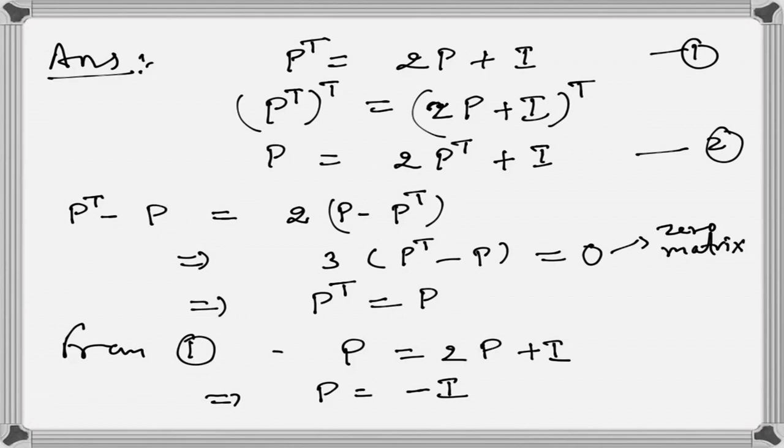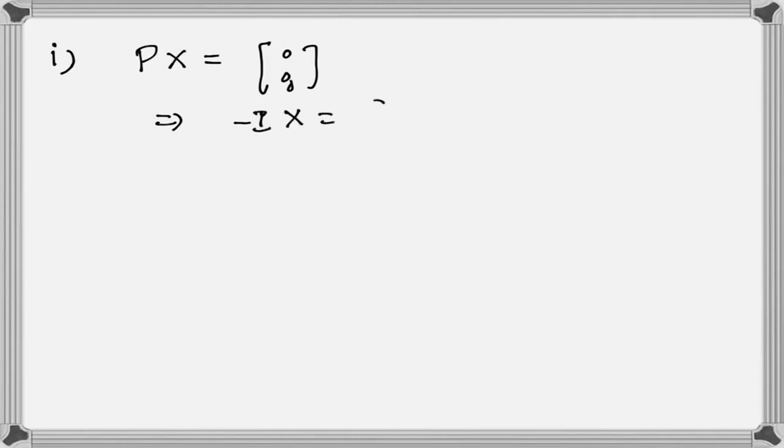Okay, now let's check which options are true. The first one is Px is equals to 0. This implies that P is minus I, so minus Ix is 0, 0, 0, and this gives x as 0, 0, 0.